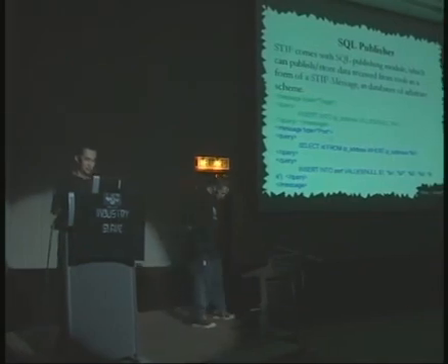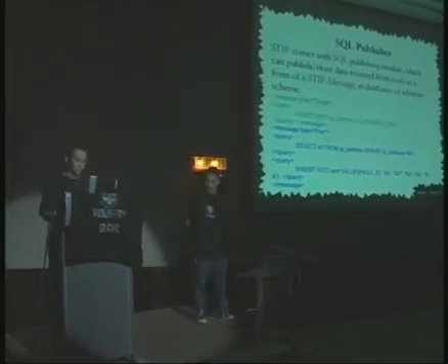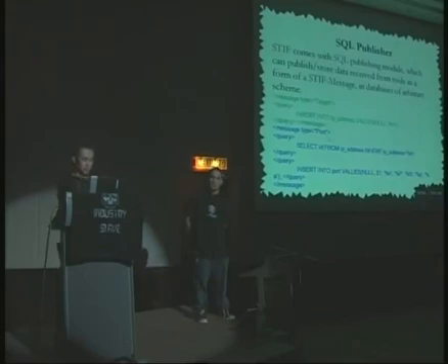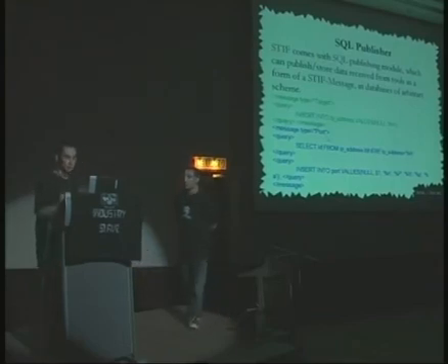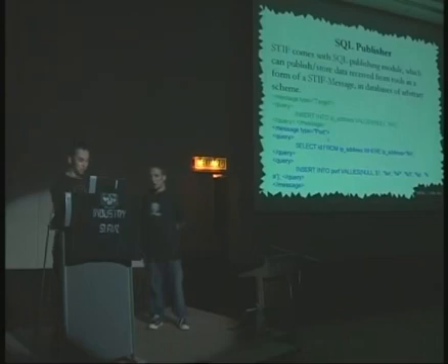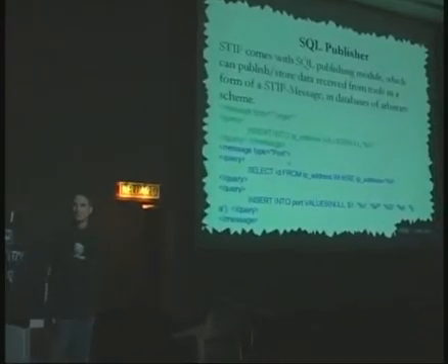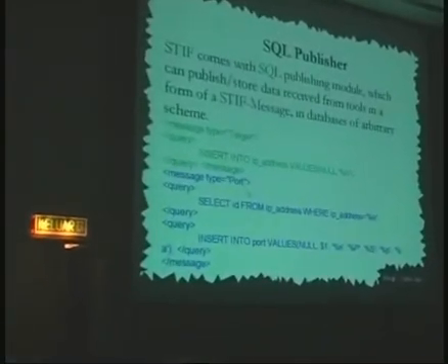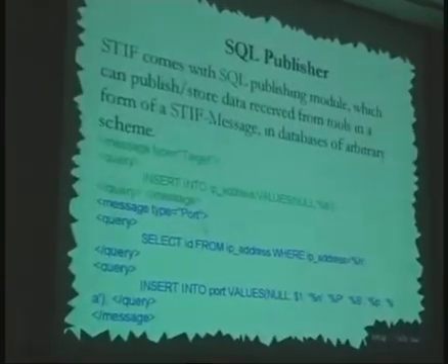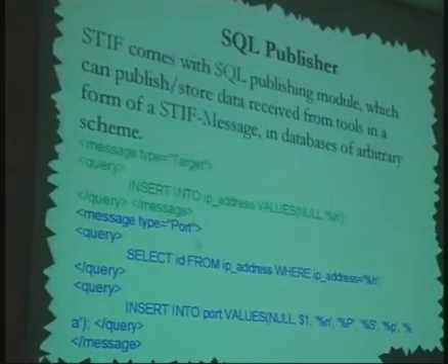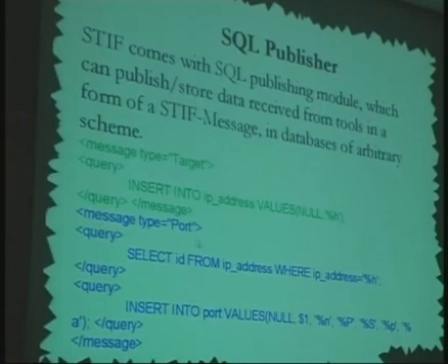So this below shows you a sample entry in the configuration of the SQL publisher. As you can see, for the message type of target, that is, whenever you give an IP address to be inputted into the system, the following query will be run with %h being substituted by the IP address of the host. And the same, for example, for the port: if you have a table where you need to link with a foreign key, where you have to link the ID to the IP address, you insert that ID into the port table.